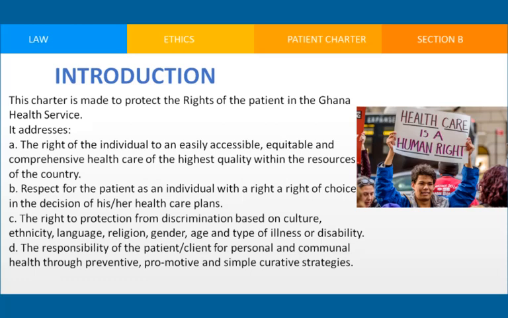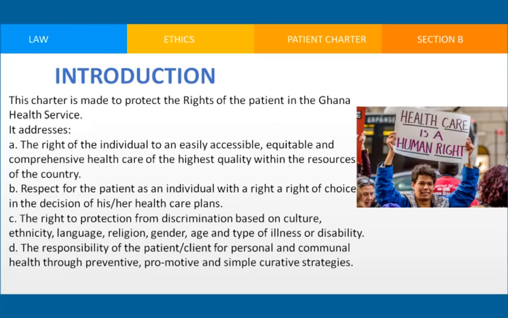Two, respect for the patient as an individual with the right of choice in the decision of his or her healthcare plans. And as I've said earlier, when we did ethics, we talked about autonomy. In the patient charter, we respect the patient's right of choice in any decision about their healthcare.